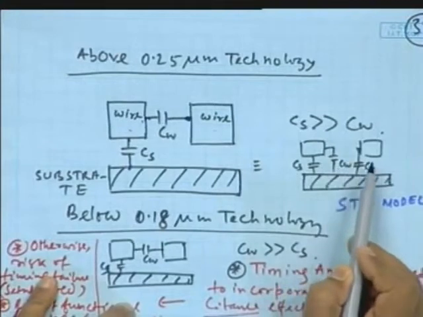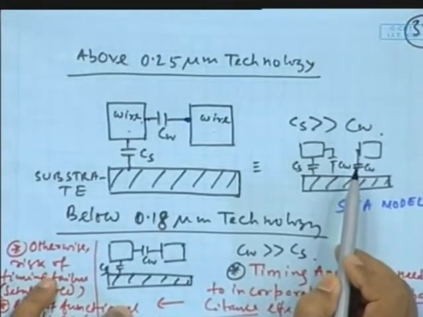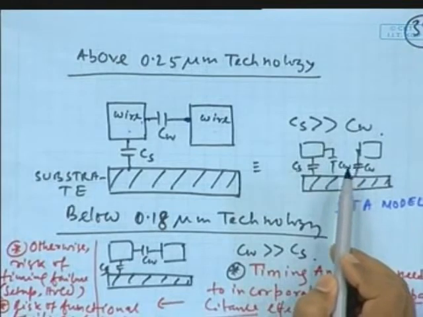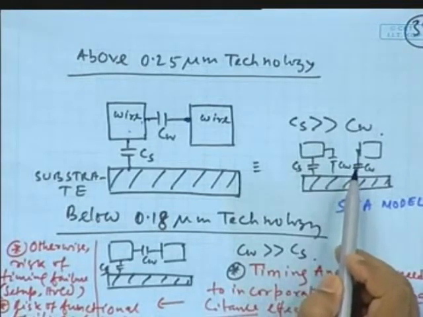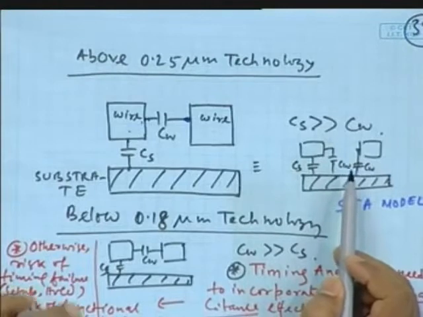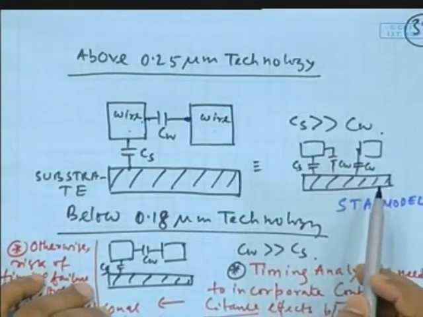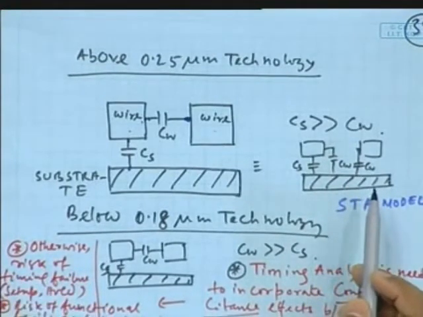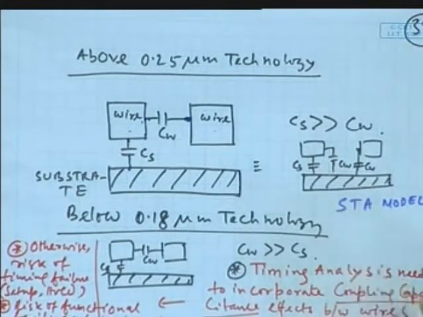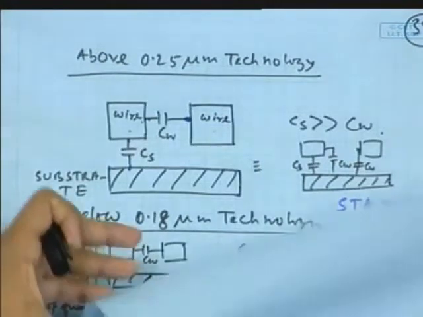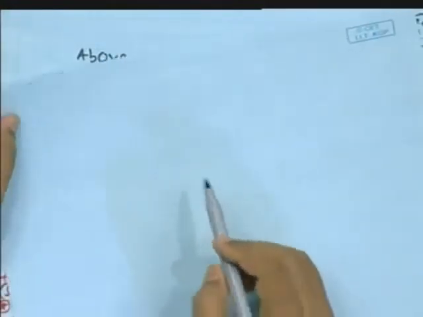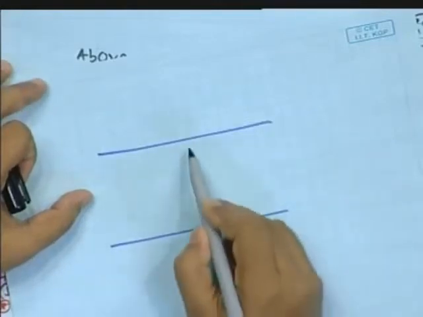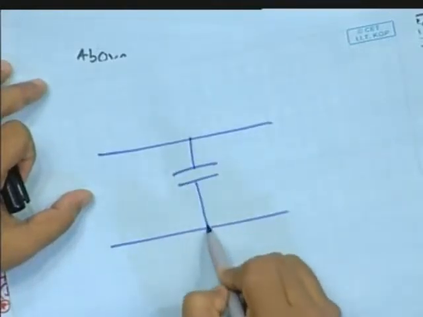Inside the capacitor, what kind of current propagates? You have done electromagnetics, right? You can understand from there itself: if CW increases, why does the interaction increase? Just basic physics. This is one wire, this is another wire running, and this is a capacitor.